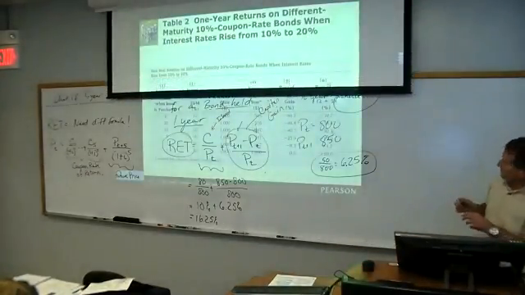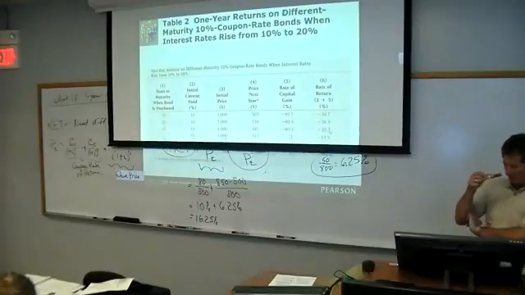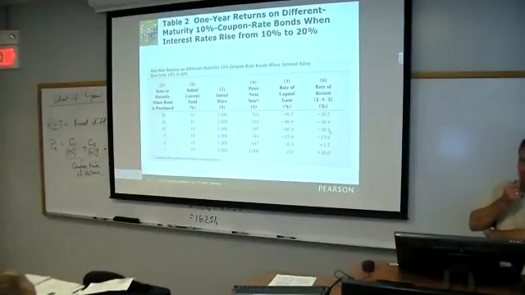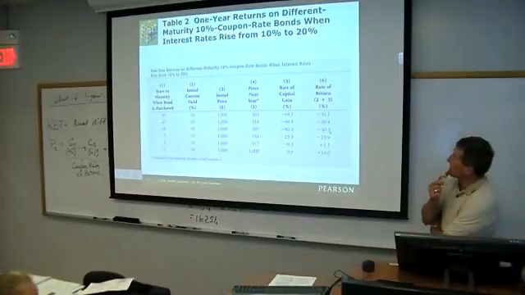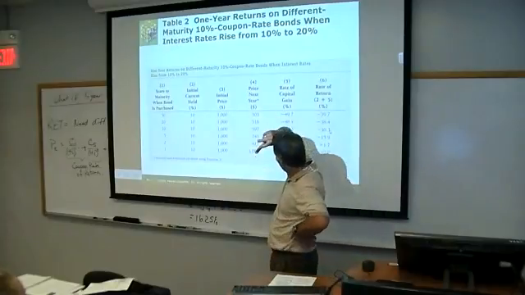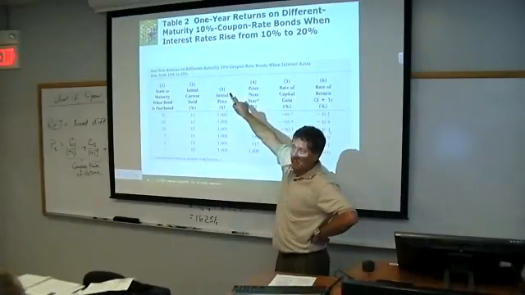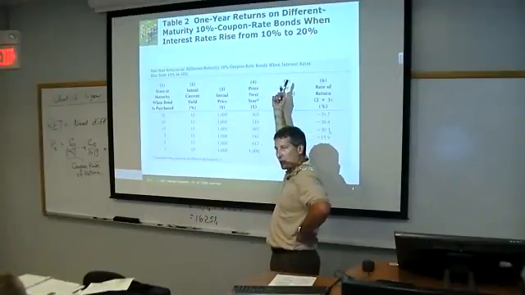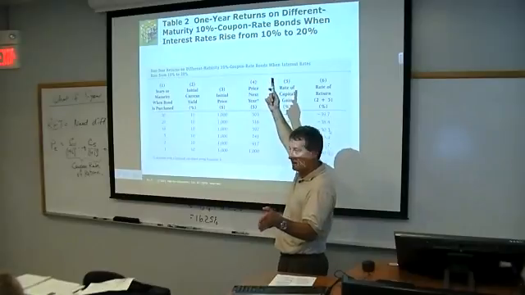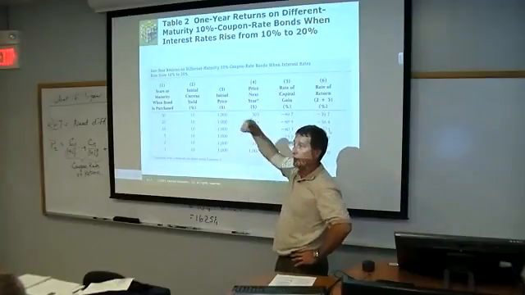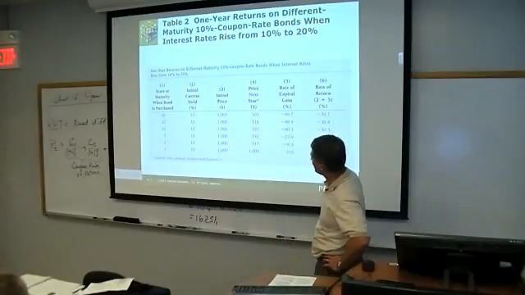This table is in your textbook too, and it shows the 1-year returns on different maturity, 10% coupon rate bonds, which is the normal bonds, when interest rates rise from 10 to 20%. There's a lot going on with this. Market rates of interest have gone up from 10 to 20% since you bought the bond.